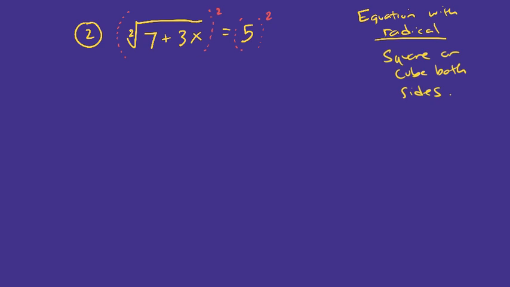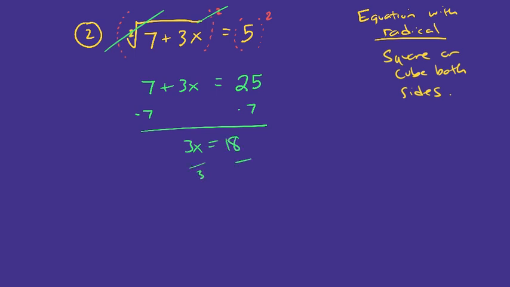And like on problem number 1, when you take a square root and you square it, the square root's gone, the square is gone, and we're just left with the 7 plus 3x. And then, of course, on the right, when you square 5, you get 25. And then from there, we're just going to get x by itself, so subtract 7. Divide by 3. So not too bad, hopefully.